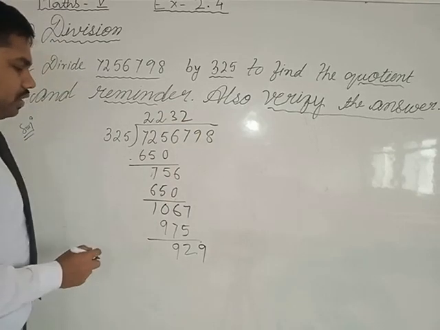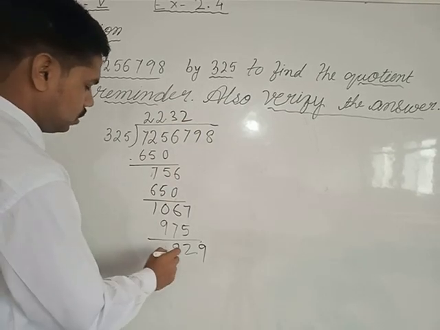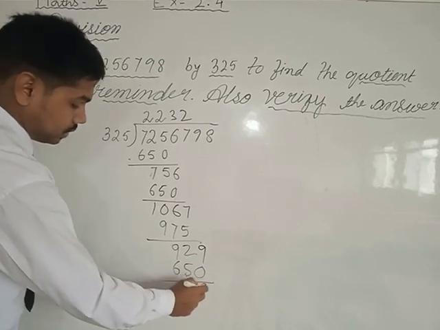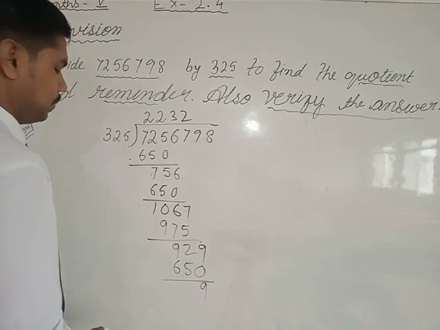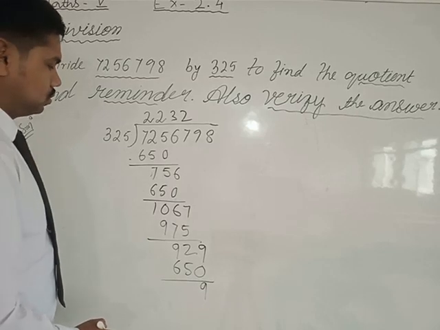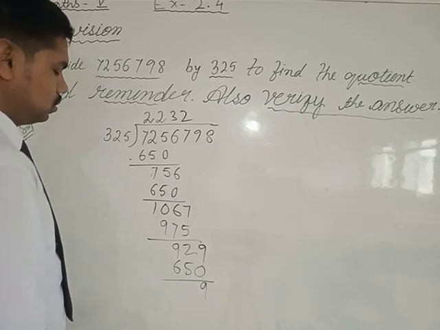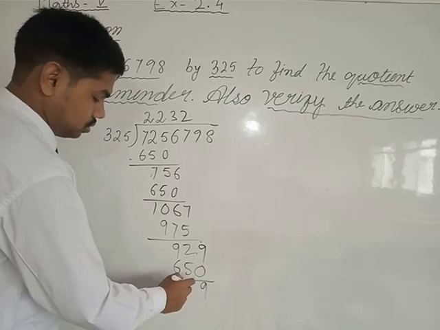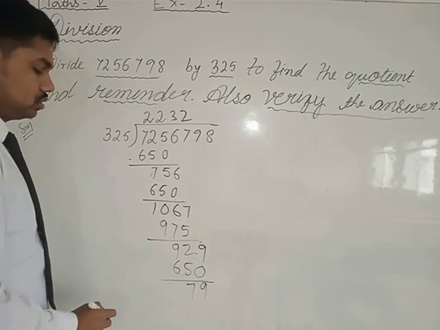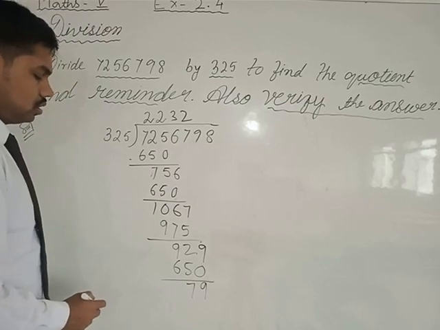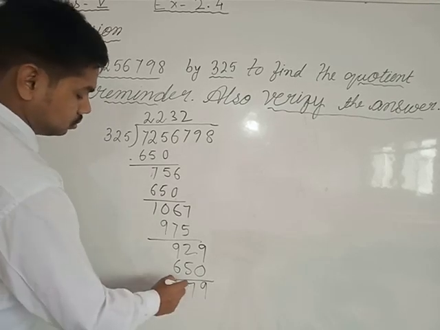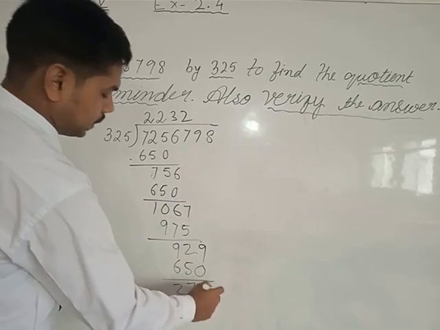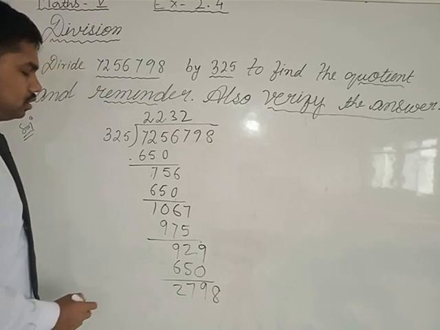So with 2 it will be 650, right? 650. Subtracting, 929 minus 650 gives 279. Now 8 comes down, 2798.